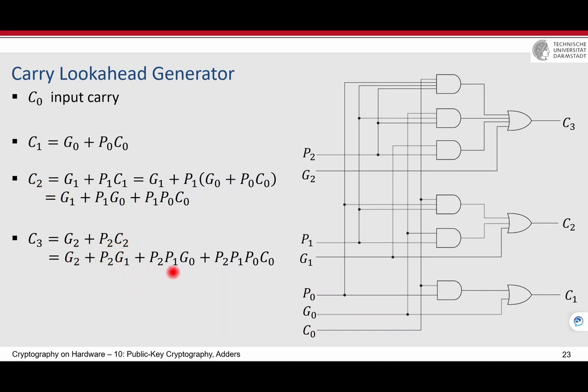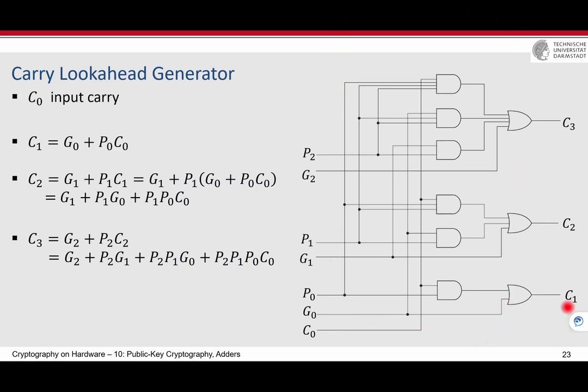Then you have the formula of C3 only based on P and G and carry in. Imagine that you already built the P and G. The formulas for P and G are completely individual for every bit, because P is the XOR between A and B, and G is the AND between A and B. So at one certain delay, you have all the P and G, completely independent of the size of the adder.